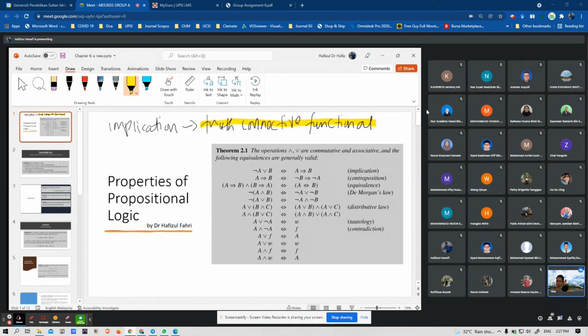A conditional statement is true if and only if its contrapositive is true.